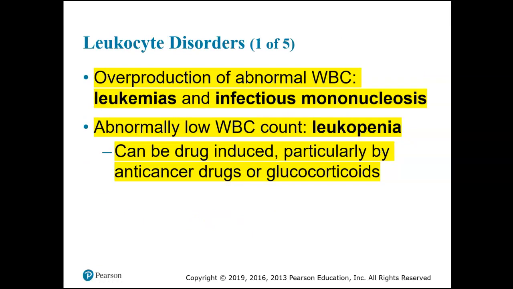The overproduction of abnormal white blood cells are known as leukemias and infectious mononucleosis. And if the white blood cell is abnormally low, we call that leukopenia. This can be drug-induced. Particularly, we see this with anti-cancer drugs or glucocorticoids like cortisol.